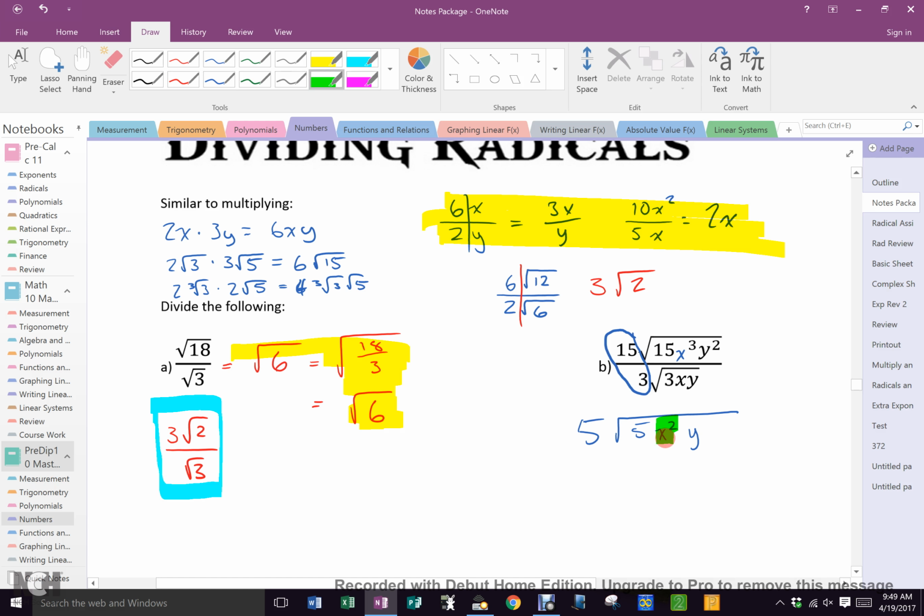Now, what have you noticed about every number that we have had in these two examples? They're easily divisible, yes? 4 over 2, 8 over 4, right? We can easily simplify because they divide perfectly, right?